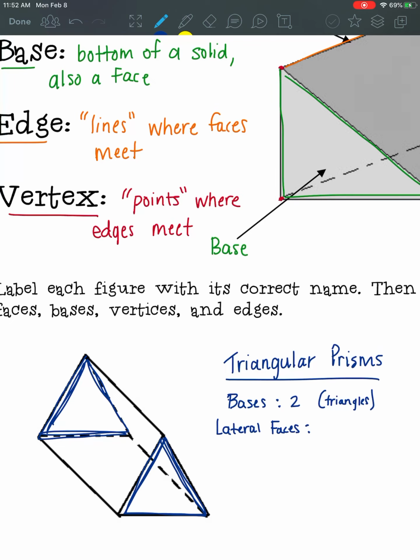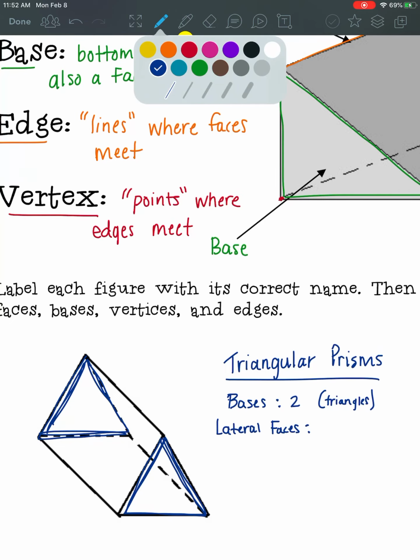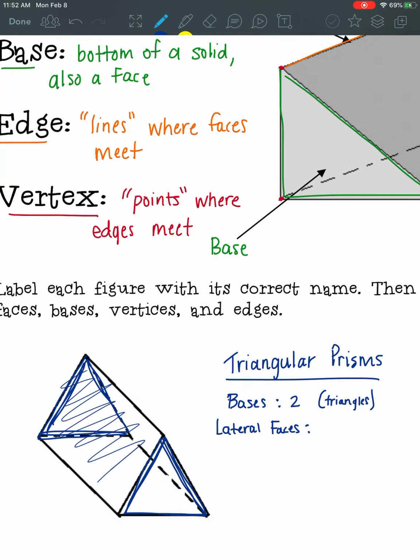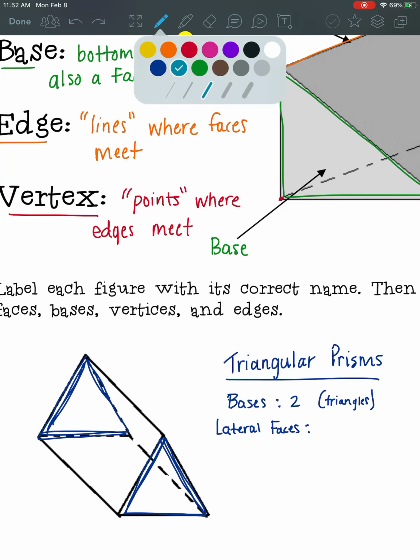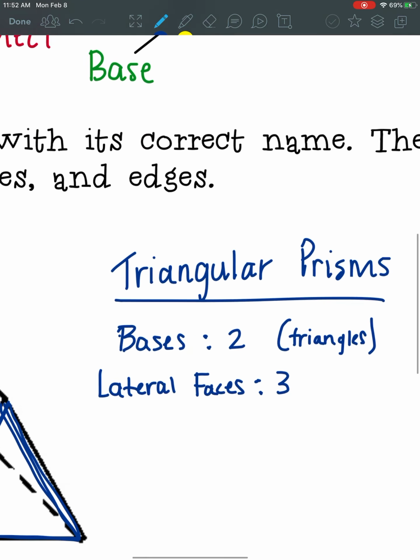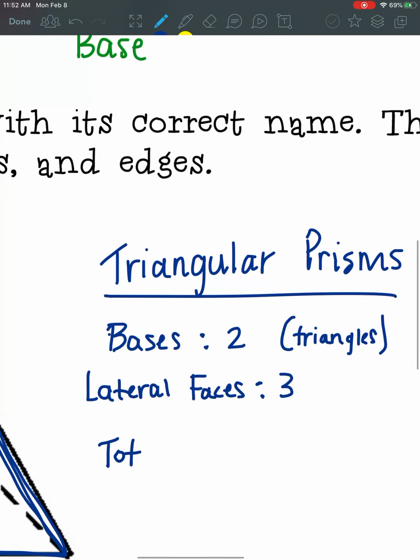So we have a rectangle right here on the front. We have the bottom rectangle, and then we have this side rectangle over there. So there are three, and I don't want all those colors to confuse you. There are three lateral faces. So total faces, remember, bases are included, so there are a total of 5.